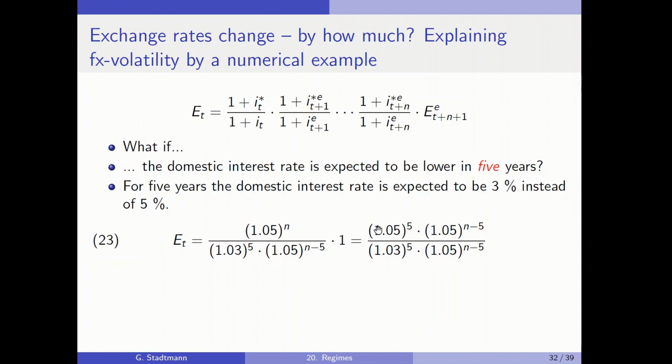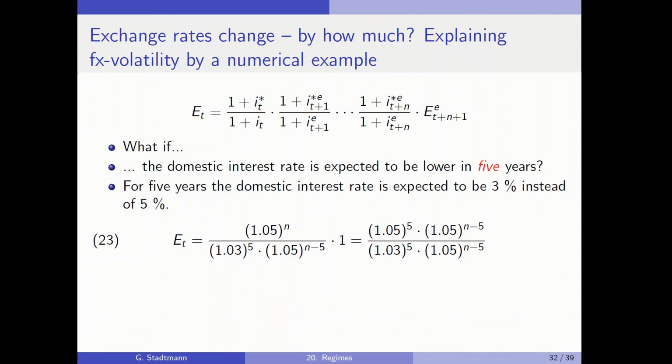So once more, we split up the expression in the numerator, then this term will cancel out, and we get to this relationship here. The exchange rate today is equal to 1.05 to the power of 5 divided by 1.03 to the power of 5. So the exchange rate today is at the level of 1.10 euros per US dollar.